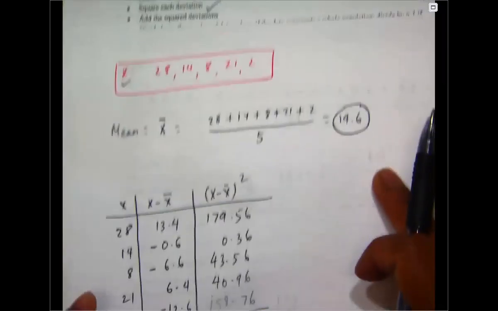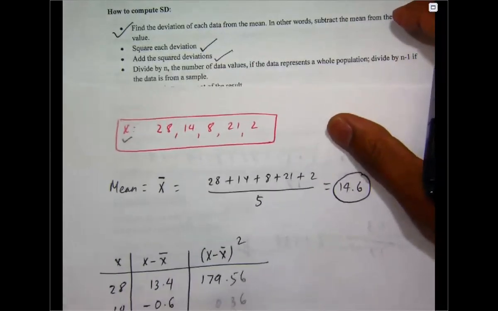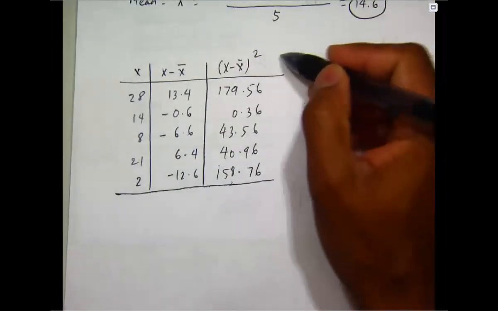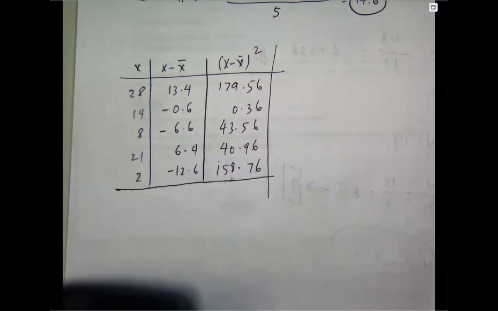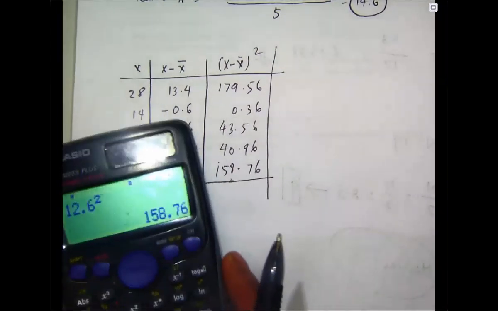Okay, next step is add the square deviation. So you just have to add this column. 158.76 is already here, so I'm not going to enter it again.